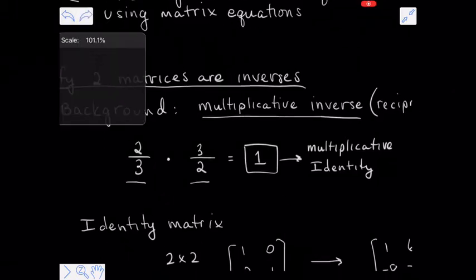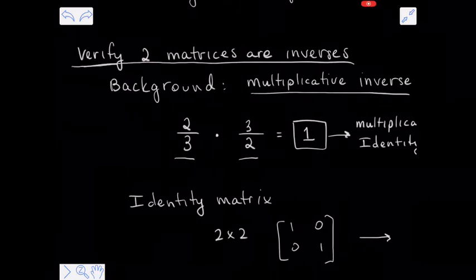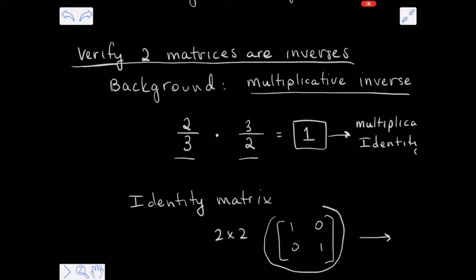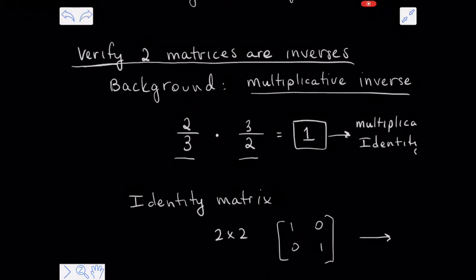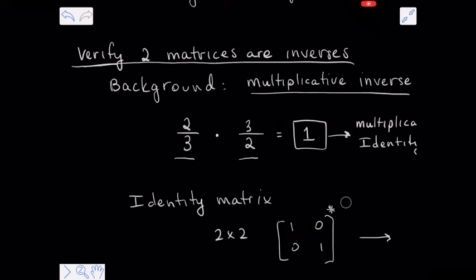So the identity matrix for a 2x2 is this matrix right here, 1, 0, 0, 1. And if you want to think about it, it's the equivalent of multiplying by 1. So if I were to multiply any matrix by this matrix here, the result of that would be the matrix that you started with. It doesn't change the value of any of the entries. This is called the identity matrix for a 2x2.